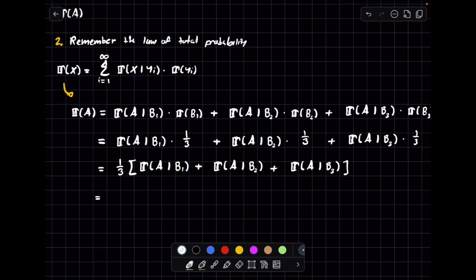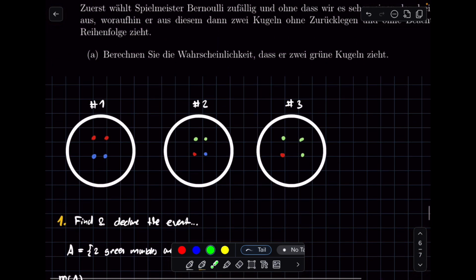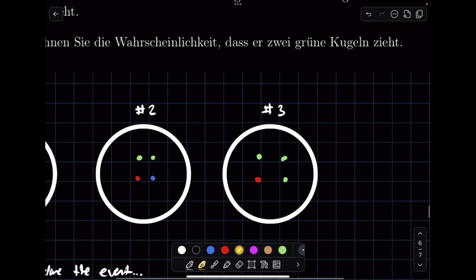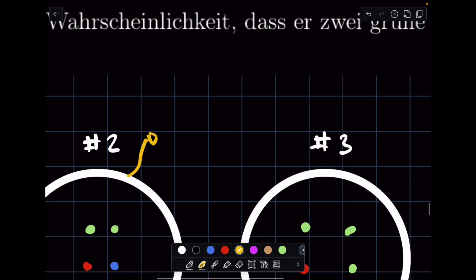Now, what's the probability of us getting 2 green marbles from bag 2? Let's check this out. We want to take the binomial coefficient, n choose k. What are the different ways of taking k things from n elements?